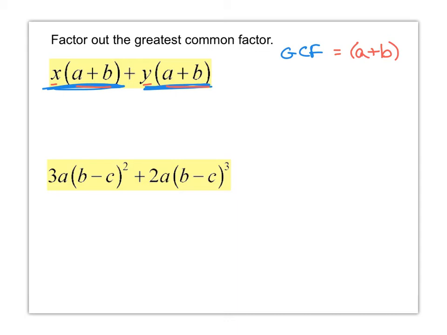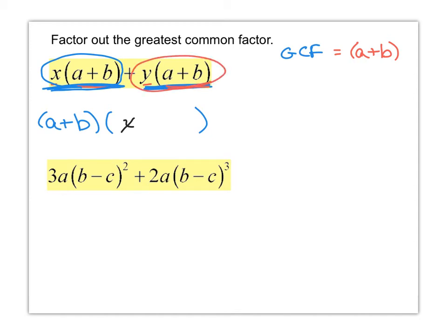Now we can write the greatest common factor is a plus b, and we're taking it out of both of these terms. Take the entire first term and factor out the a plus b. The a plus b's will divide out, and you'll be left with x. Factor that out of the entire second term as well.